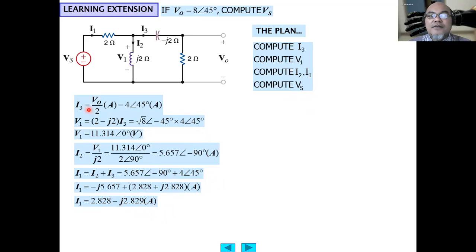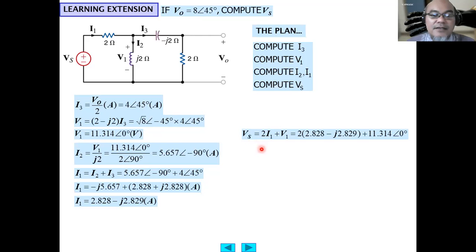Vs can be calculated by I1 multiplied by the equivalent impedance. Or Vs here equals 2 ohm times I1, directly plus V1. This plus this voltage here. V1 is already known here, and 2I1 is here. So we have to convert this phasor form into complex format.